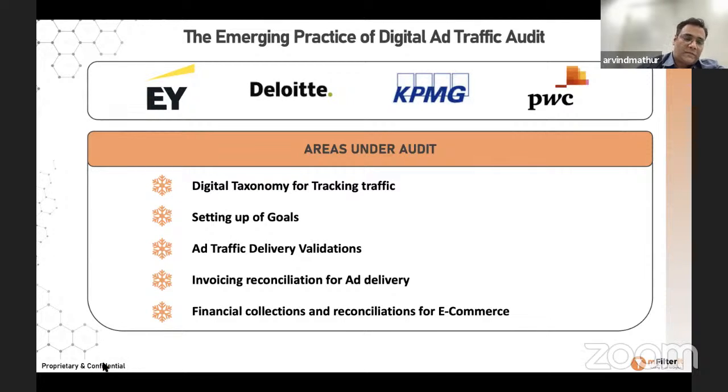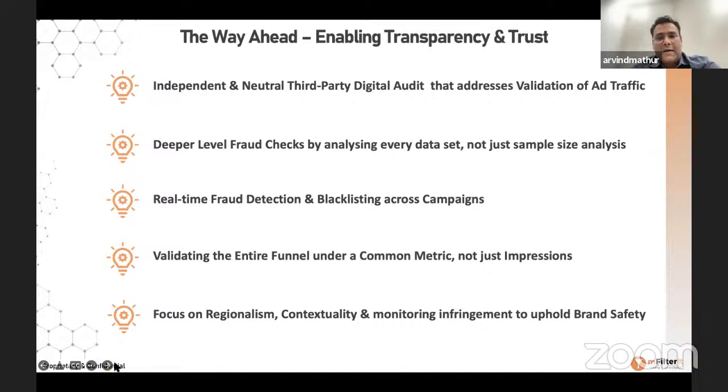And in a broad sense, we all understand that slowly and steadily privacy will become important, and a lot of brands who are not geared up today for first-party cookies may lose control, and hence it's important to have partners who can independently audit and validate the inventory they're getting. The advantage that Infiltrate brings to the table is that we are neither a publisher nor an ad tech player in the digital ecosystem.